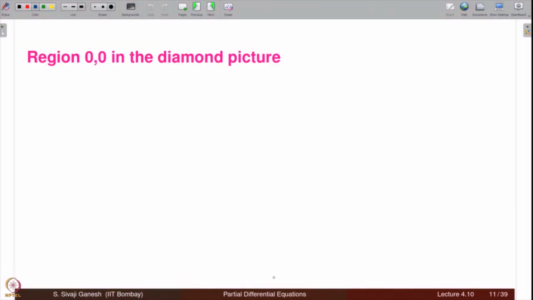The 0-0 region in the diamond picture, in fact the diamond picture is exactly the same as what we saw in lecture 4.9. It is described like this: 0 less than or equal to xi less than or equal to 1, 0 less than or equal to eta less than or equal to 1 in terms of xi, eta. In terms of x and t, it is described as x minus ct less than or equal to 1 and x plus ct less than or equal to 1.